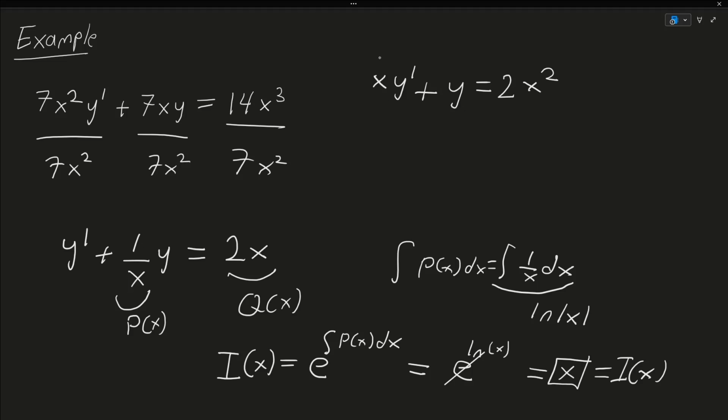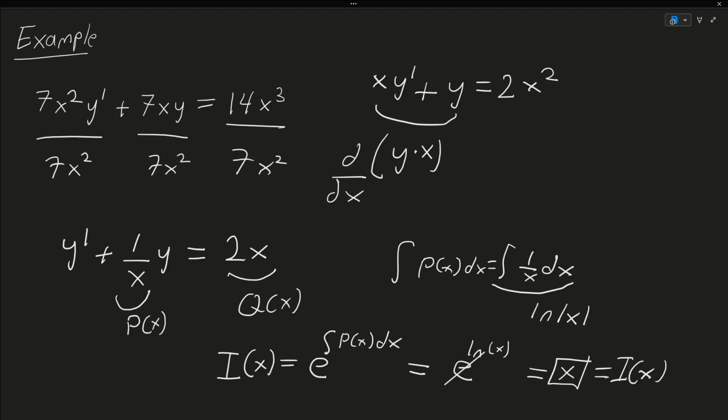Awesome. Now that we have our multiplied version of this differential equation with the integrating factor, we are able to see this. I hope you can see this. This is a product rule. This is the derivative of the product of y times x, d over dx. If you're struggling with creating this, I can suggest that you're going to have the integrating factor multiplied with y here all the time.